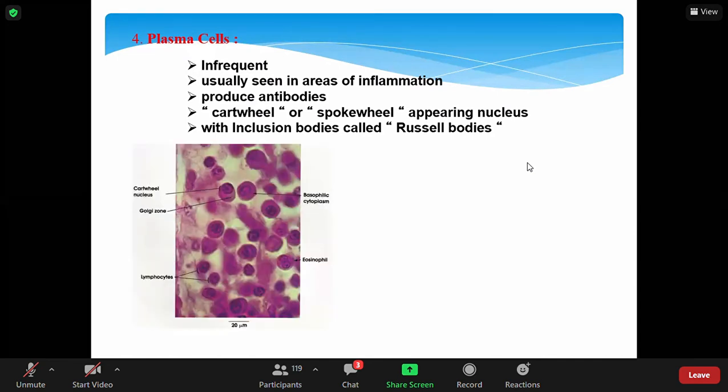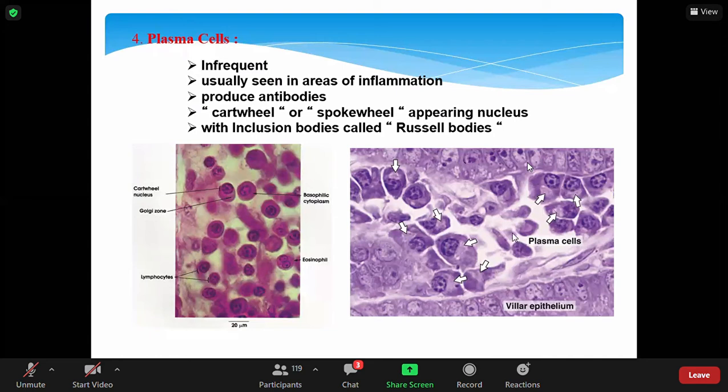Okay, here you are, but it's a better one. So you have here the cartwheel nucleus. Anyone who wants to speak, identify yourself when you are speaking.